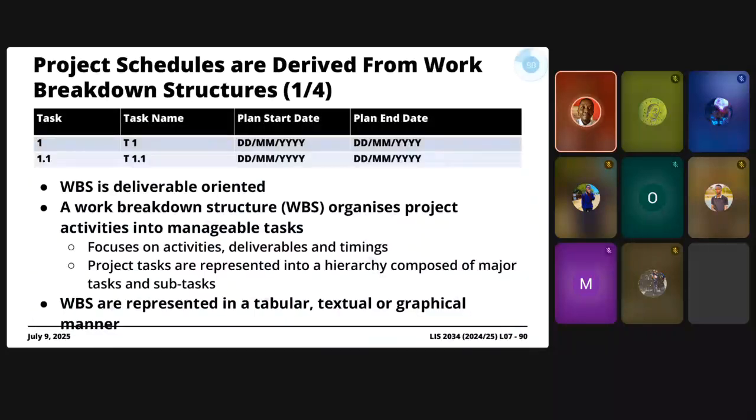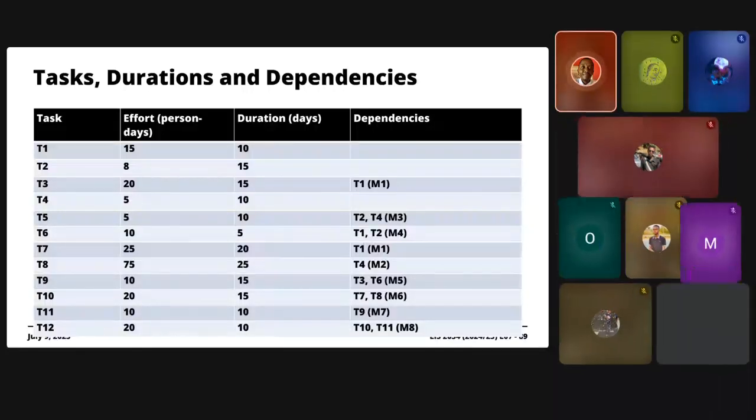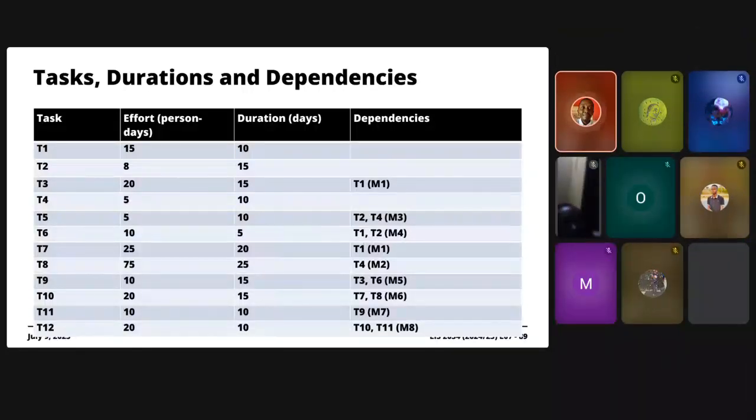The idea behind the work breakdown structure is you identify the comprehensive set of activities associated with your project, including the associated efforts, so it's person months or person days we spoke about. You identify the durations, and then any type of dependencies. So you'd have an input similar to what you're seeing on the screen here.